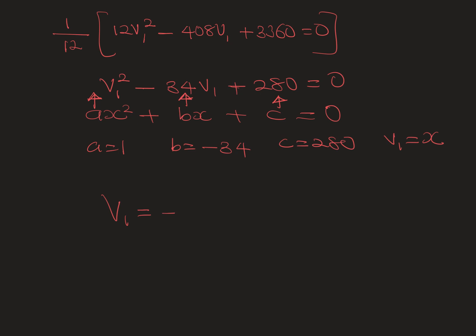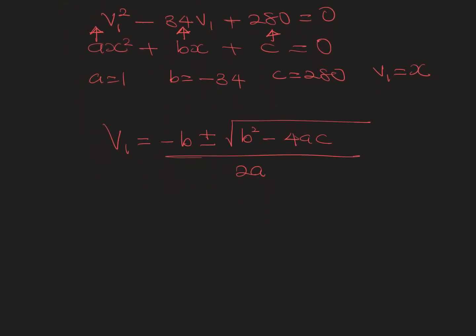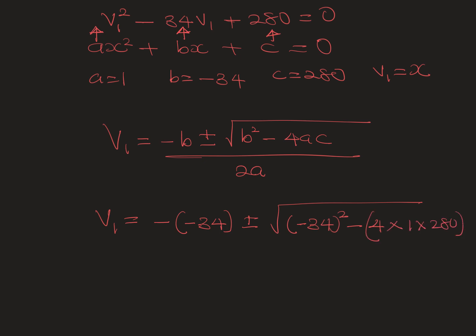If you can recall it, it is minus b plus or minus the square root of b squared minus 4ac over 2a. So V1 will be minus b, b is minus 34, plus or minus the square root of negative 34 squared minus 4 multiplied by a is 1, c is 280, divided by 2 multiplied by a is 1.